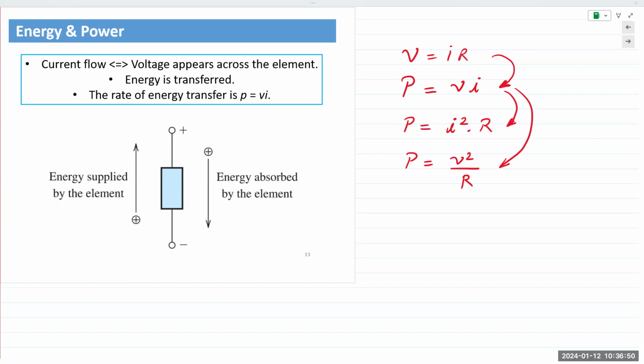All right, makes sense? So now we are talking about power that is being delivered, power that is being absorbed by the element, or energy supplied, energy being absorbed. Can a power supply, like a power adapter or your wall charger, supply negative power, negative energy?